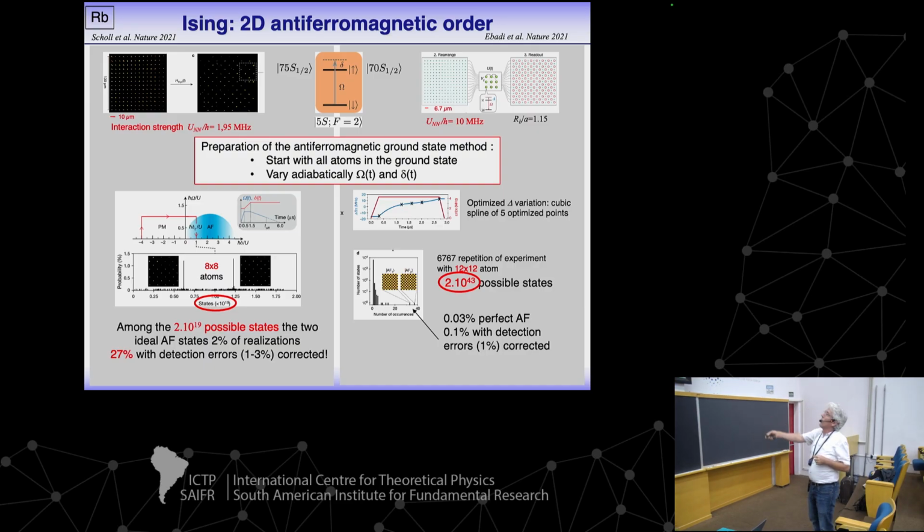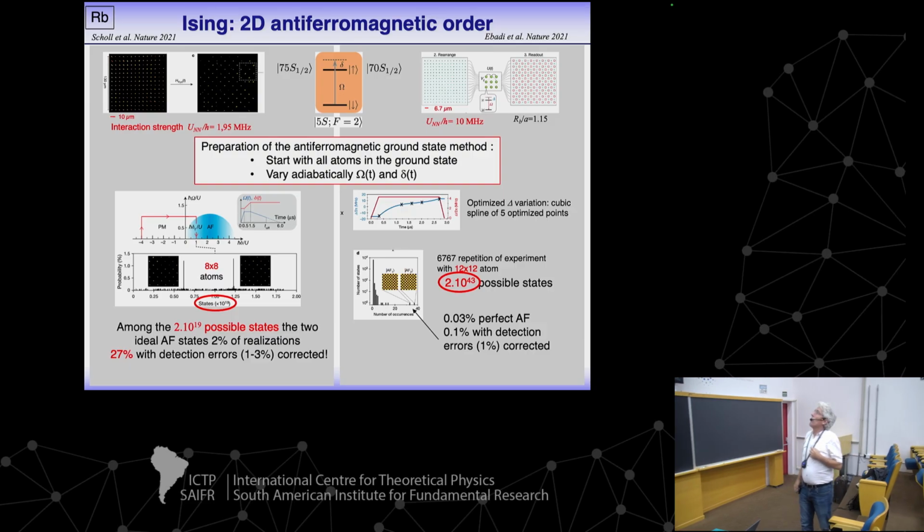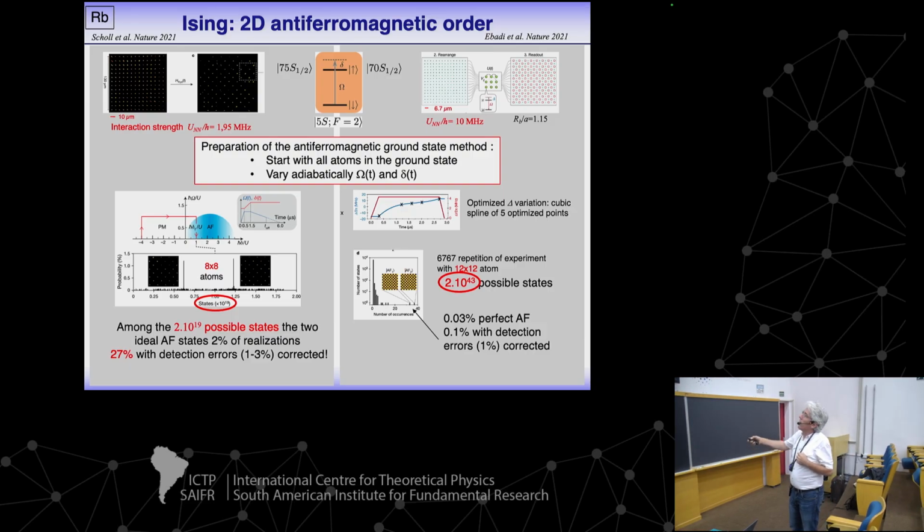On the left side, you have the experiment performed by Antoine Browaeys. And here is the detailed way they choose to adiabatically vary the parameters to go into the region of the phase diagram where the system is antiferromagnetic, which is the 2D equivalent of the Z2 phase appearing in the 1D diagram previously.